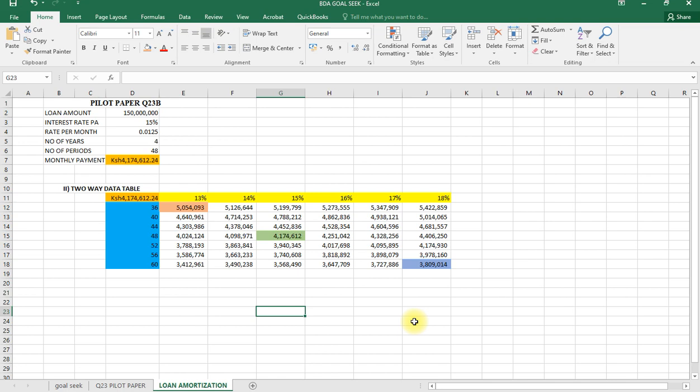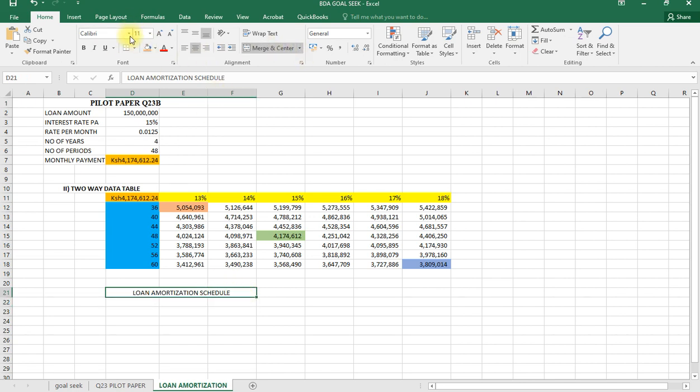So assuming now you were to calculate the loan amortization based on this particular data, that question was not there, but you can include it. We deal with the loan amortization schedule.